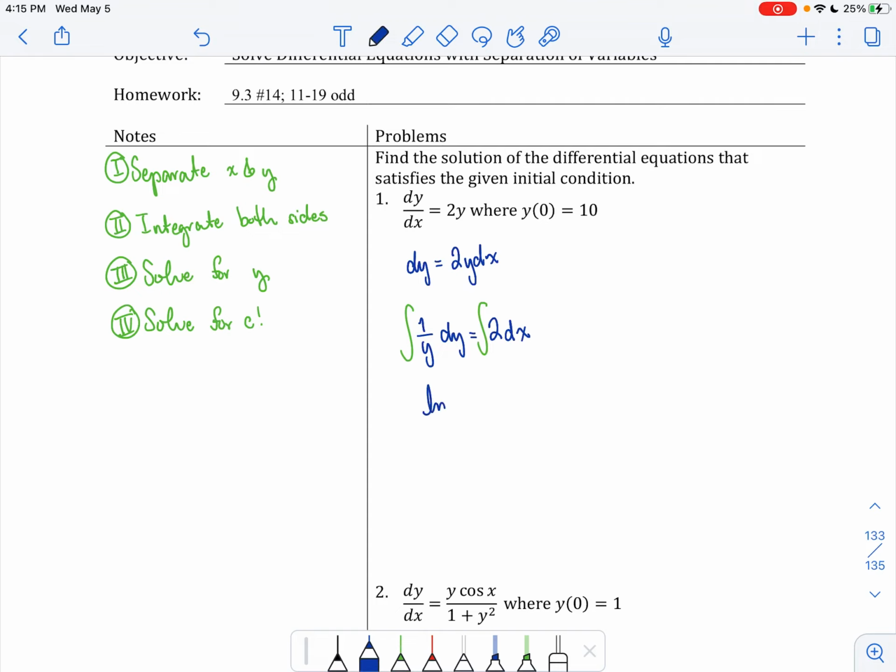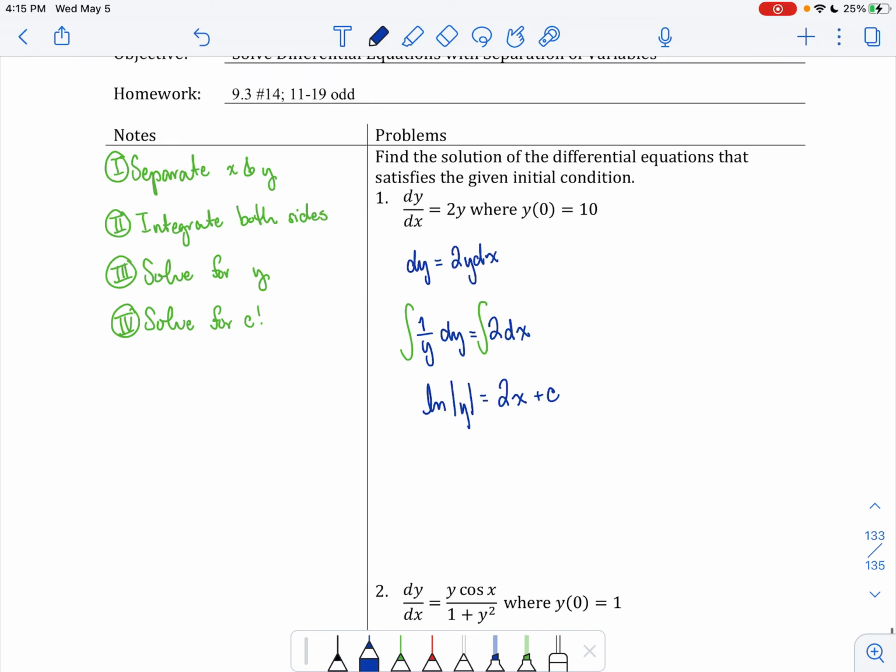Integrate both sides. 1 over y, the integral is ln of y. The integral of 2 is 2x, and then plus c. So when we solve for y by itself, it's e to the 2x plus c. Now we want to take our last step, which is to solve for c.